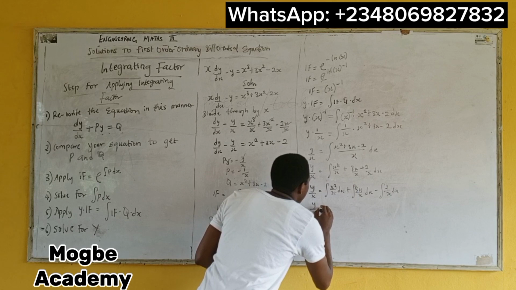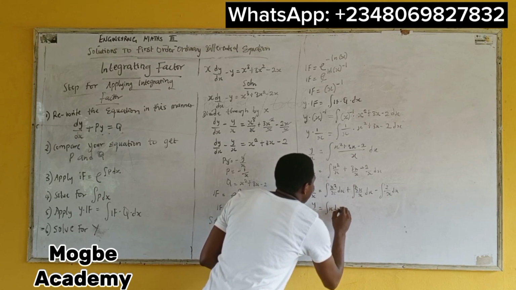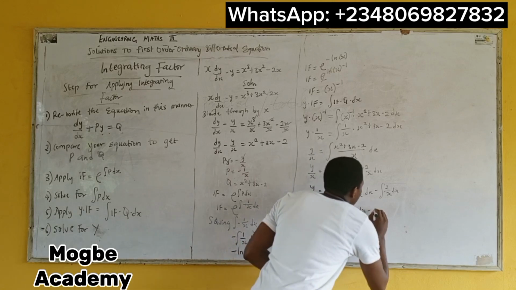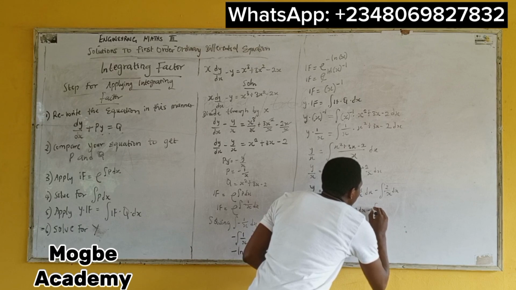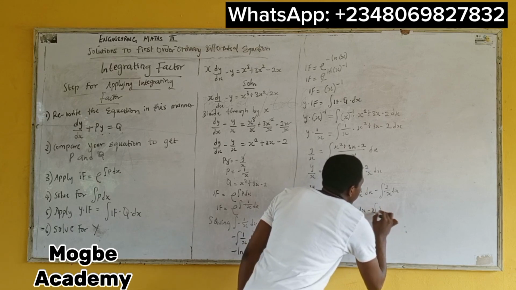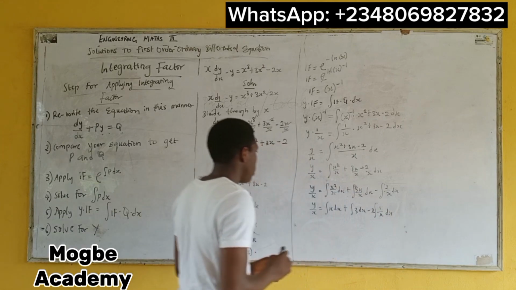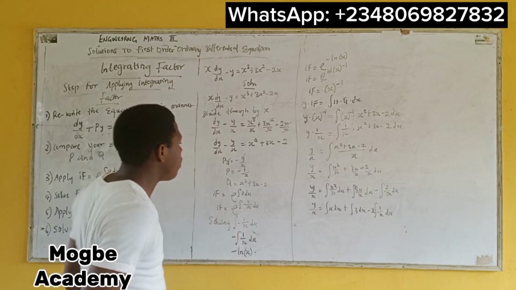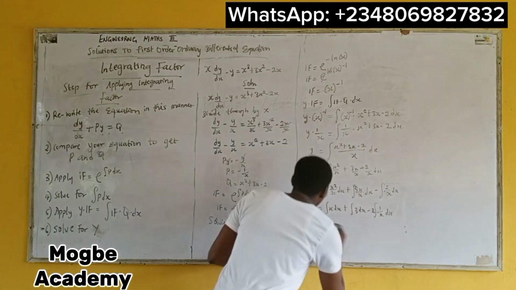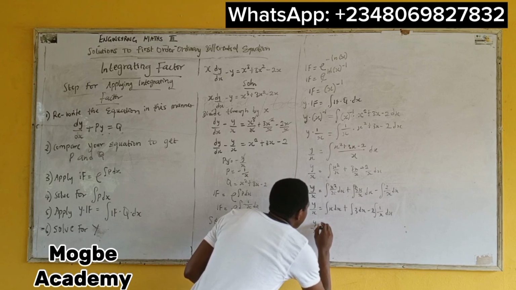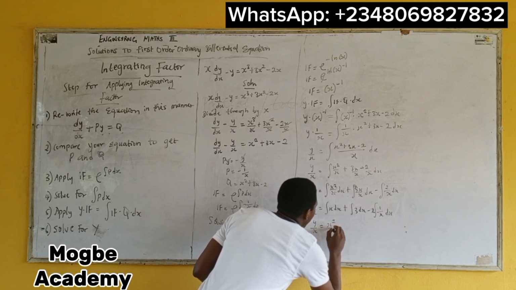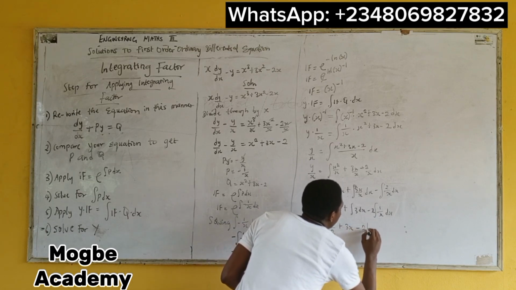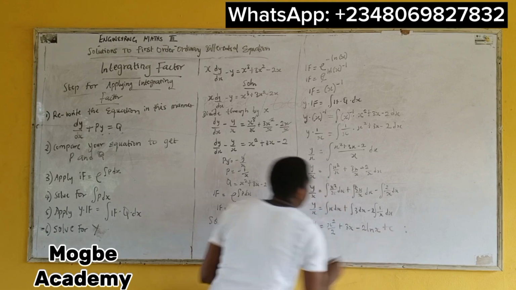Y over x equal to integral of x dx plus integral of 3 dx minus 2 integral of 1 over x dx. That's what we have. So you can integrate them separately. If you integrate them separately, your final answer will now be what? Y over x equal to x squared over 2 plus 3x minus 2 ln x plus c.